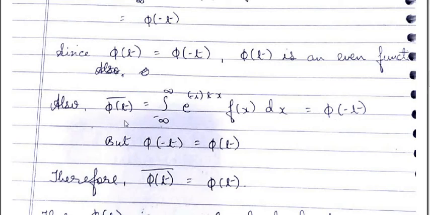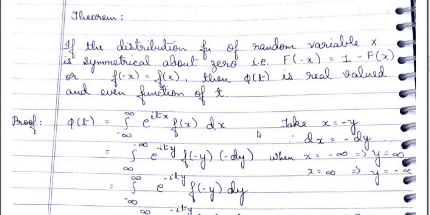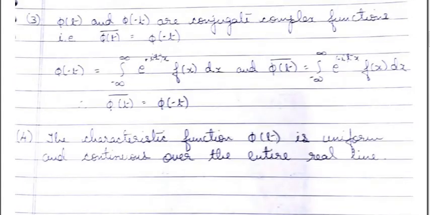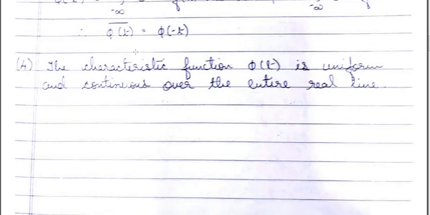So phi of t bar is nothing but phi of minus t. So phi of minus t is equal to phi of t bar. And phi t and phi of minus t are complex conjugate functions. So therefore we can write this criteria. This is called the complex conjugate.